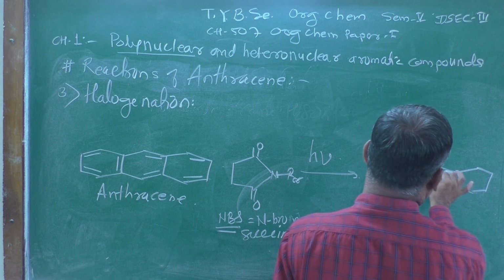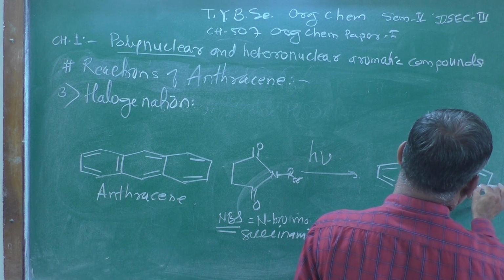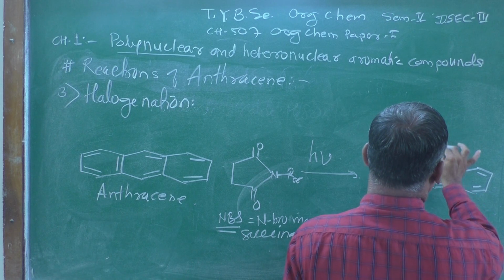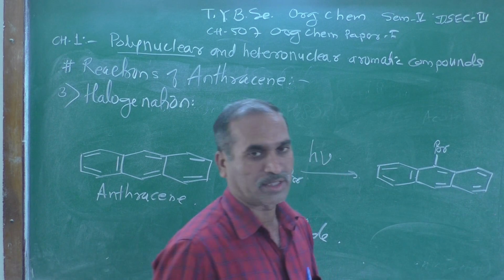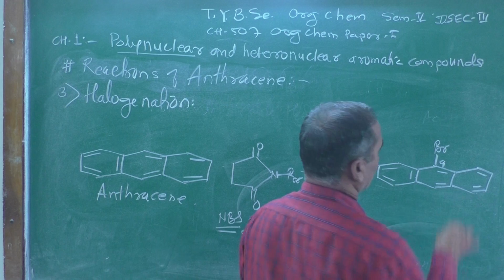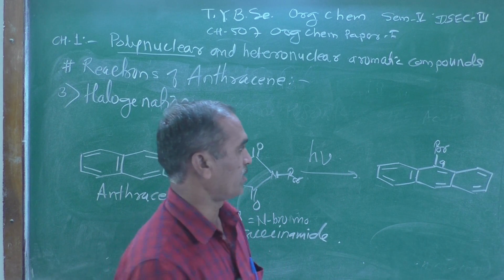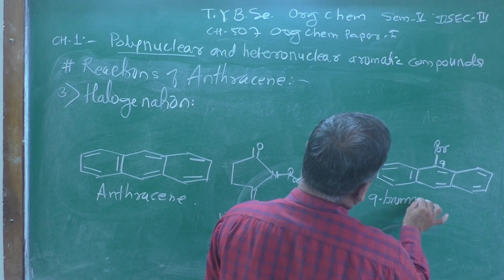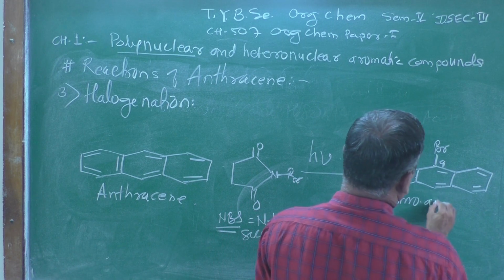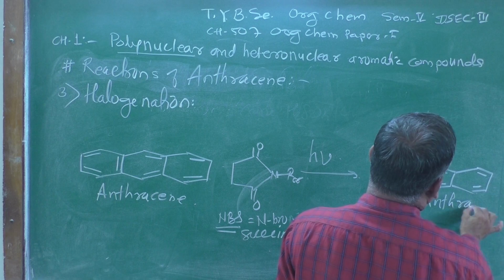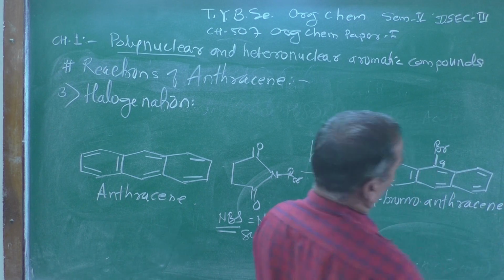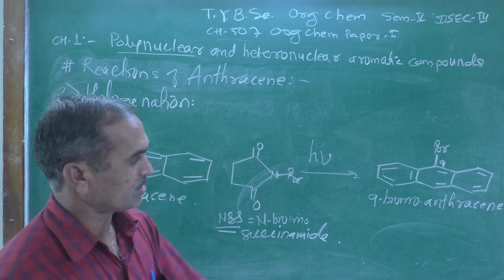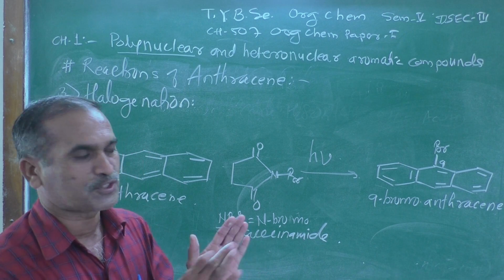At the 9 position a bromine atom is present, so this is known as 9-bromoanthracene, the product obtained here exclusively.